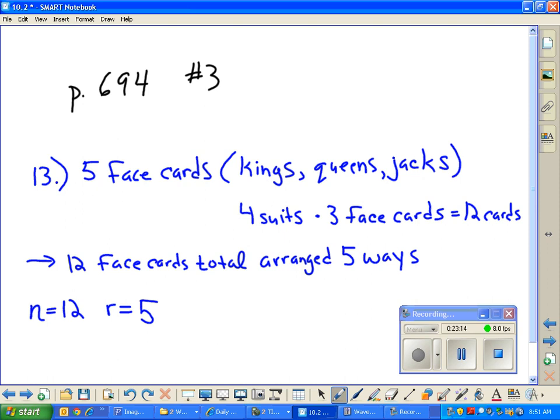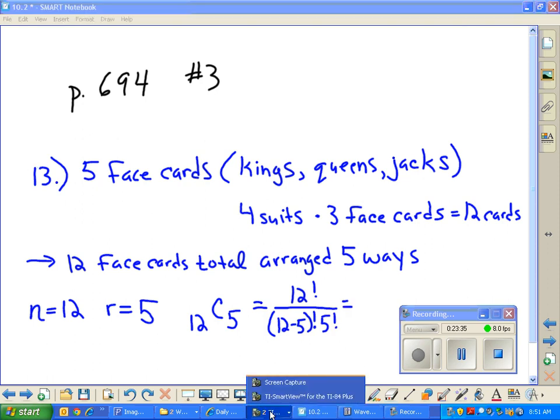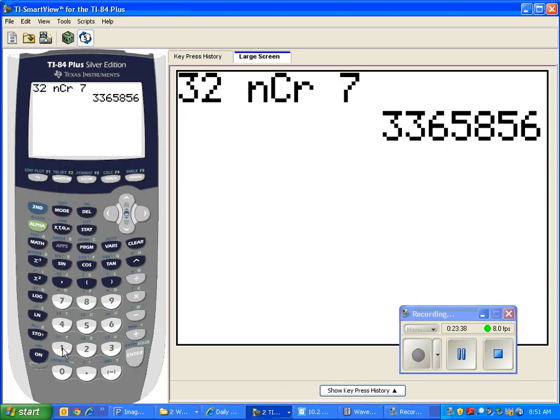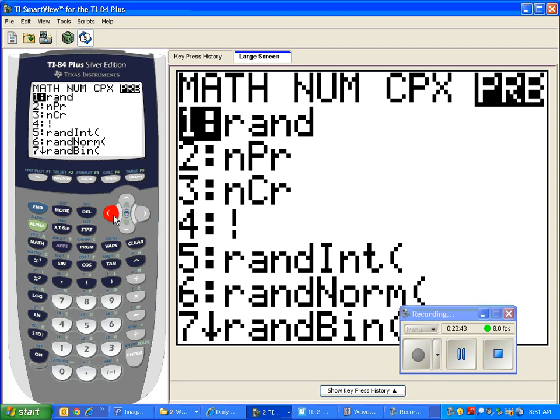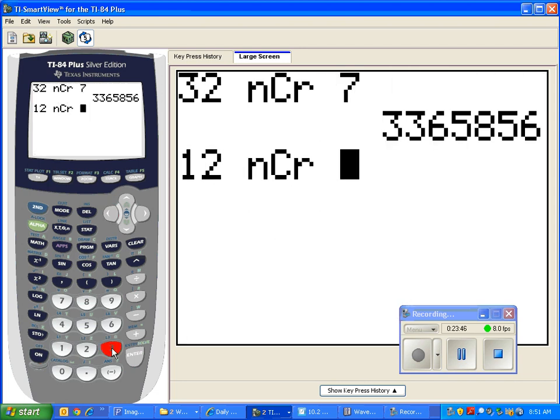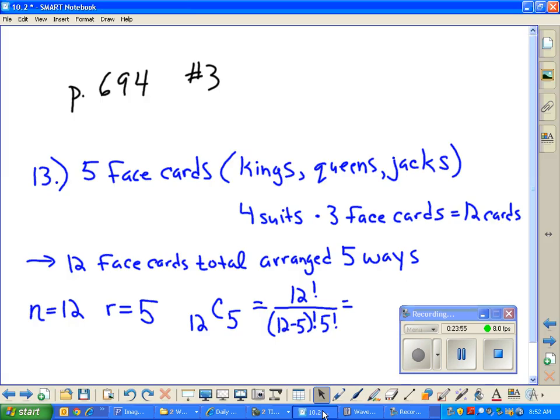And so I can pretty easily set up my combination problem to read 12C5. And then practicing setting up the formula, we do 12 factorial over 12 minus 5 factorial times 5 factorial. And then I go to my calculator and I'll type in 12C5. So 12, math, over to probability, down to option 3, and then I needed 5 cards. So I have 792 as my answer for that particular problem.